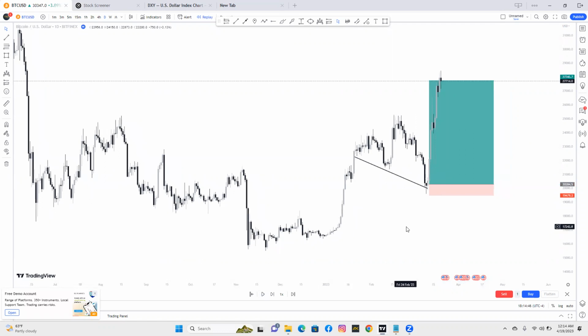Is that not a sniper entry? Yeah, it is a sniper entry.